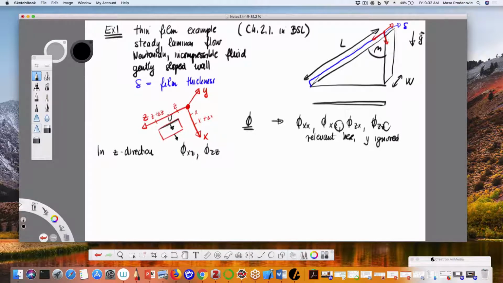So this would be phi xz coming in, because it's transfer across the x direction. I'm going to call it evaluated at x, which is this location right here. And here on the bottom, I would have phi xz evaluated at x plus delta x. So that's just notation.